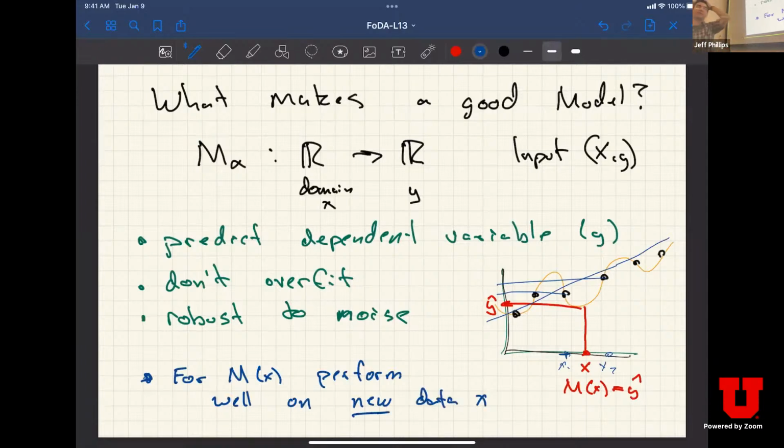Okay, so data that we have not seen before. What we'd like is that when we get new data that we haven't seen before, we'd like the model to perform well on this data in the future, right?